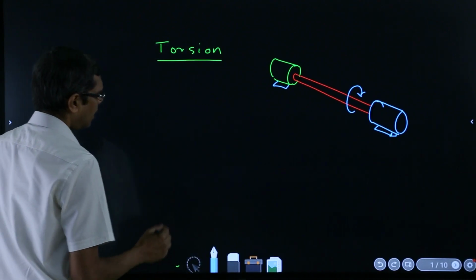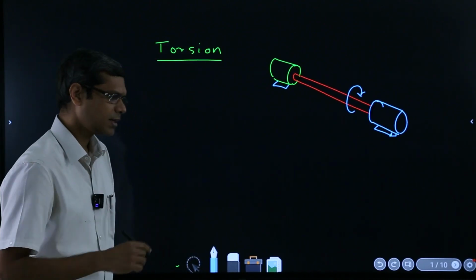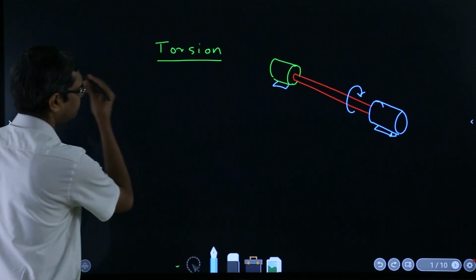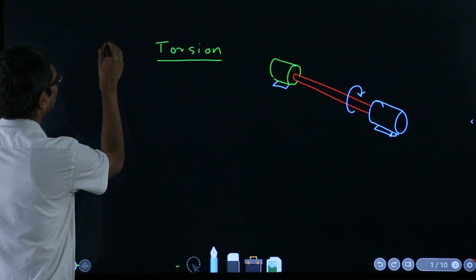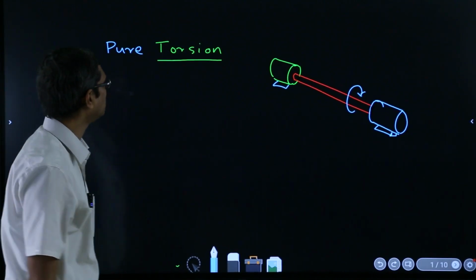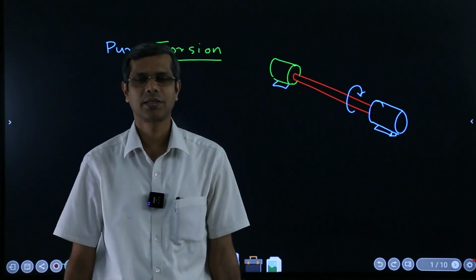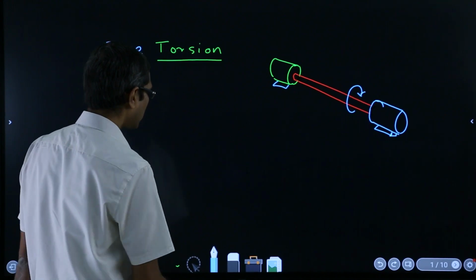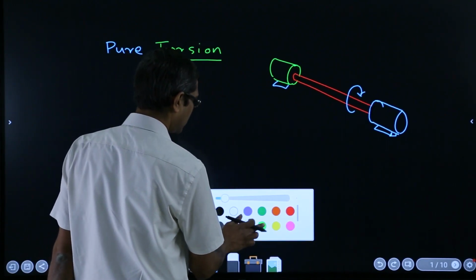And as we had discussed in the axial case, I would say that the word pure should also be added for the discussion which we will have. What it means is our canonical form will be something like this.